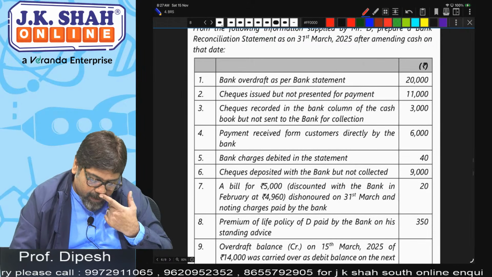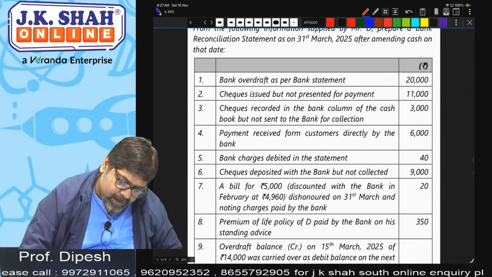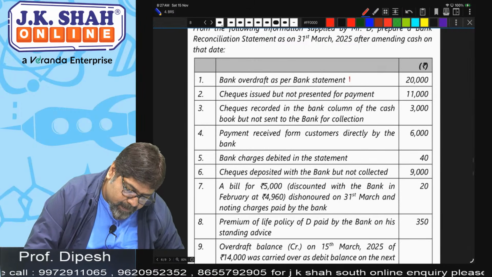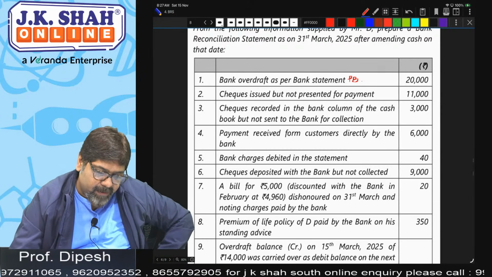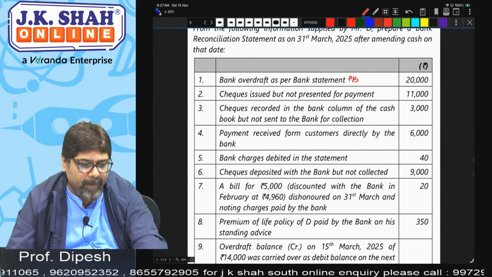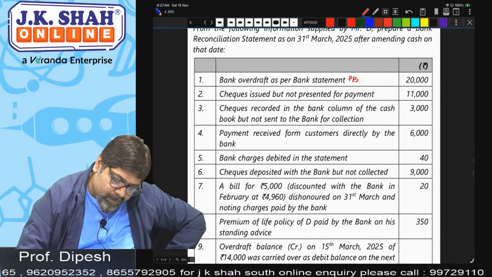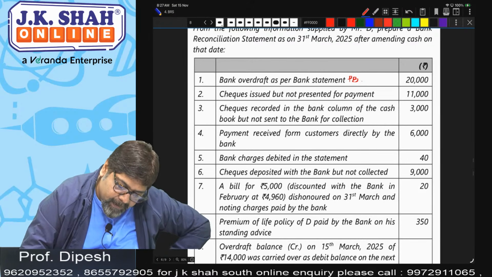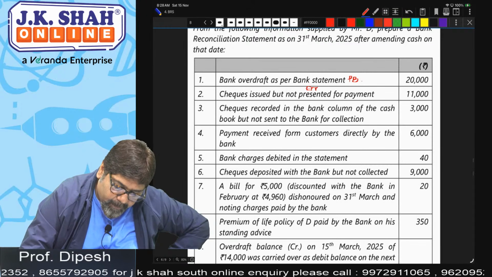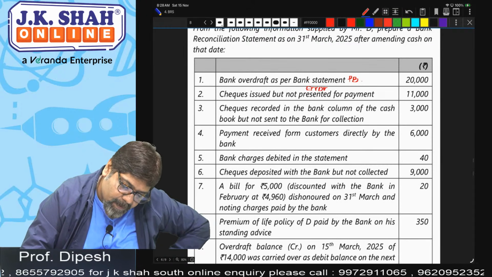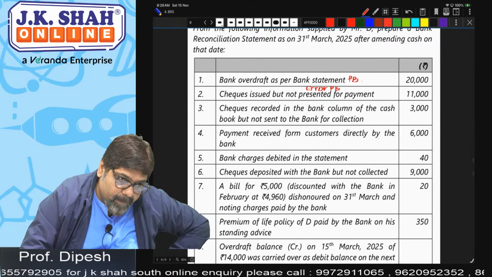So this is the passbook balance. Correct. Cheques issued but not presented for payment. So this is cheques issued but not presented for payment. This is an error of the passbook.